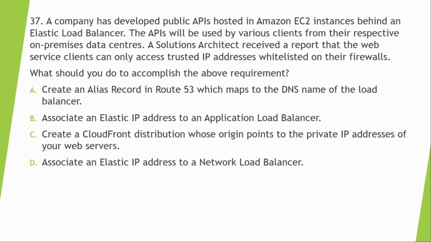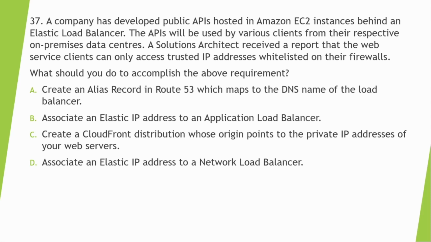So you cannot even work that out. Associate an elastic IP address to an application load balancer: as this is based on firewalls and IP addresses, there's nothing to do with the application load balancer. So that's incorrect.